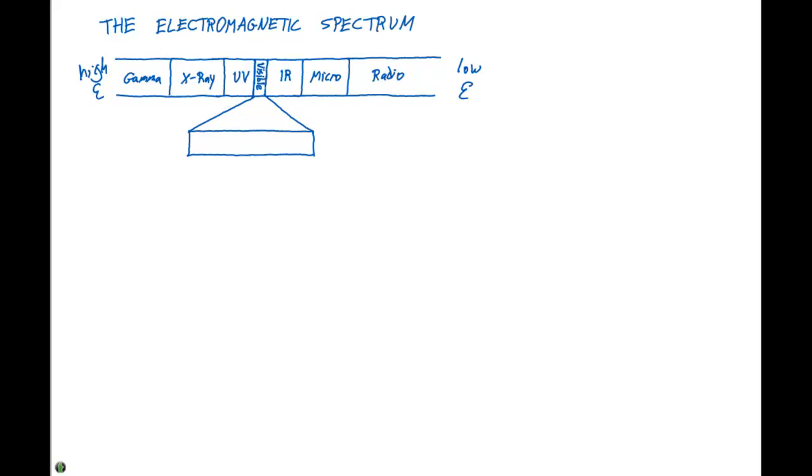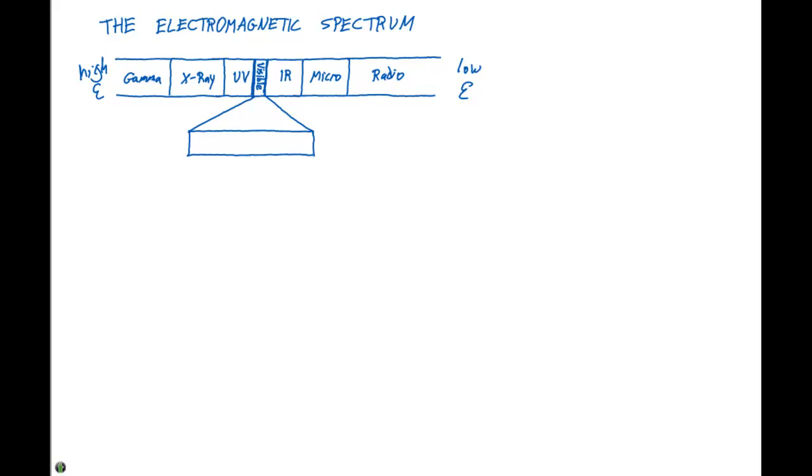Starting with the left, we have gamma rays, then X-rays, ultraviolet rays, visible radiation, infrared, microwaves, and radio waves. So as we go from left to right, we go from high energy down to low energy. Notice that the visible region of the spectrum, highlighted here, is just a tiny sliver that our eyes can detect.